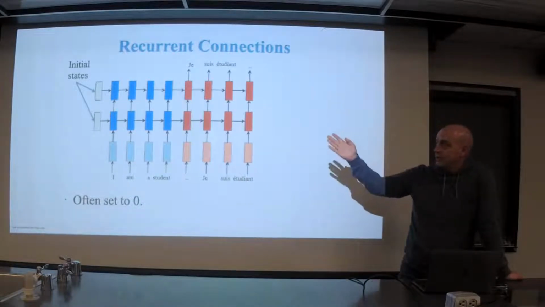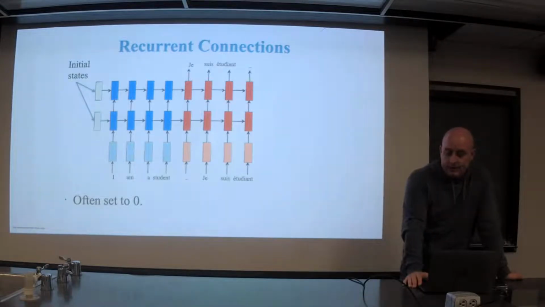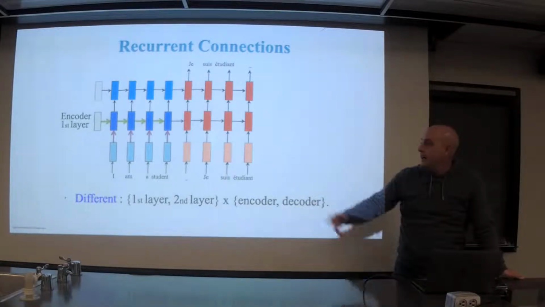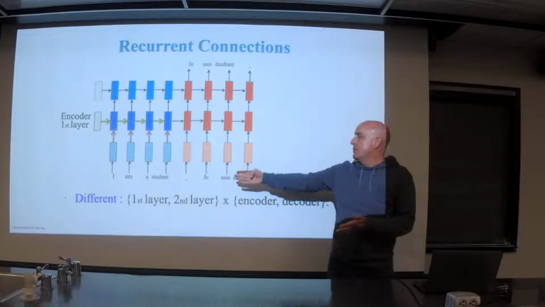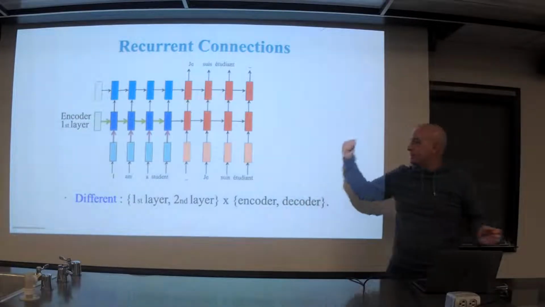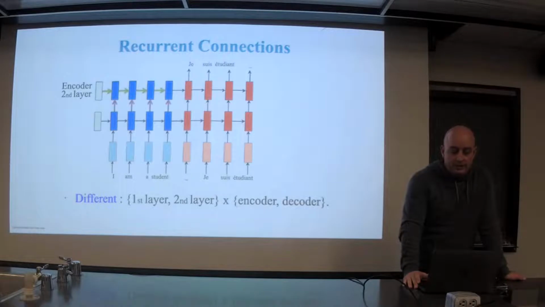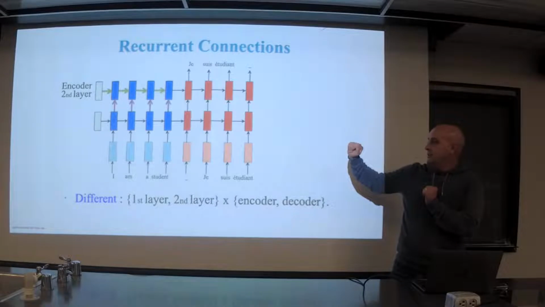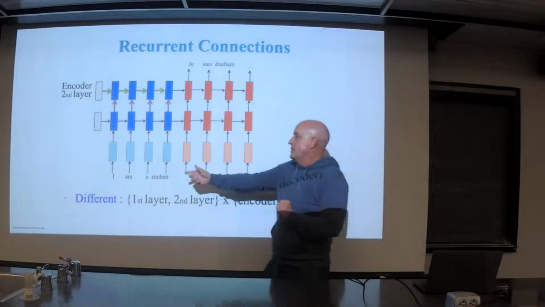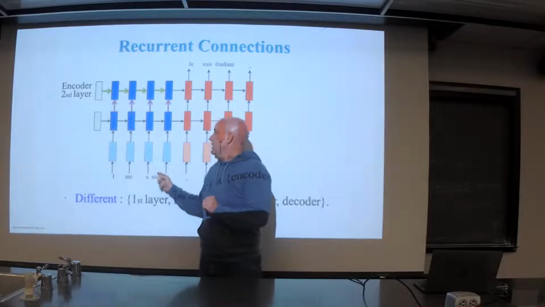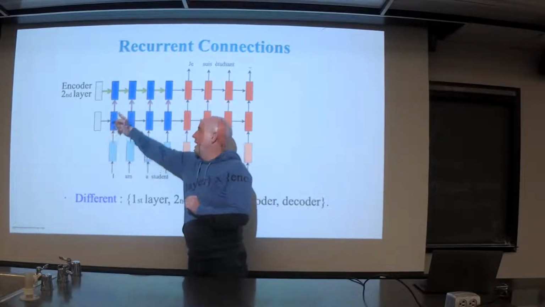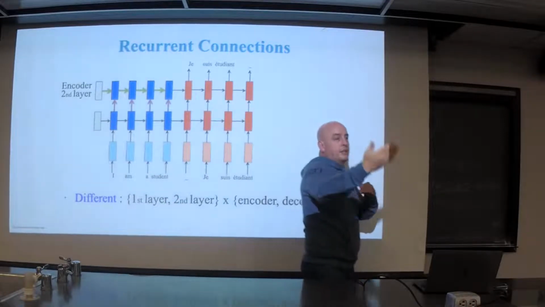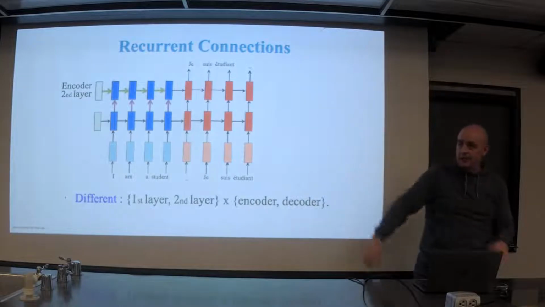Usually those are set to 0, as standard practice, and then we forward the sequence through, updating the hidden state each time and passing that forward. If we have multiple layers, this whole thing repeats. The only difference is that instead of using the word embeddings for each token, we use the output hidden state from this cell as input to the next layer. So that's how you get layers in recurrent neural networks.